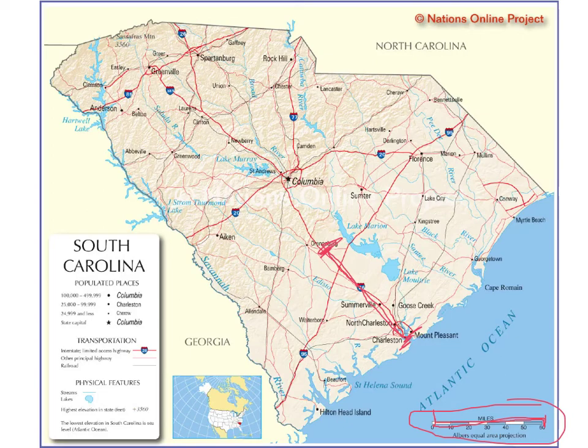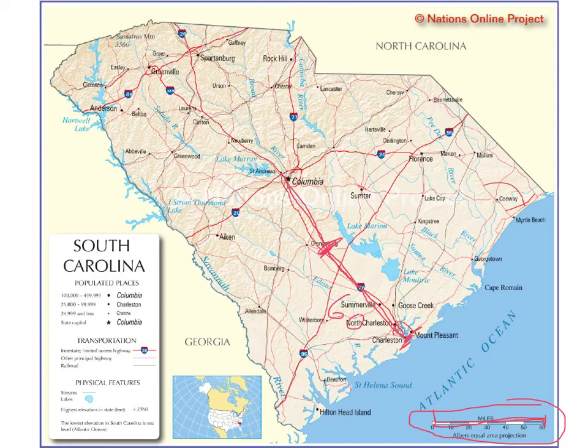So you could tell, all right, it's about 60 miles from Charleston up to just outside of Orangeburg, and you'd look at your piece of paper from here to here, and you'd say, okay, that's not quite the whole distance, not quite 60 miles.